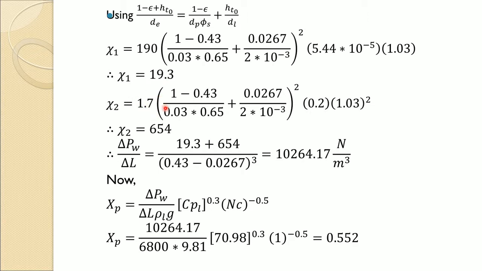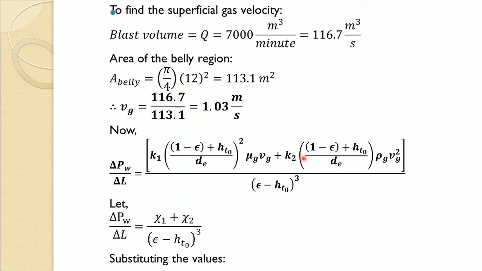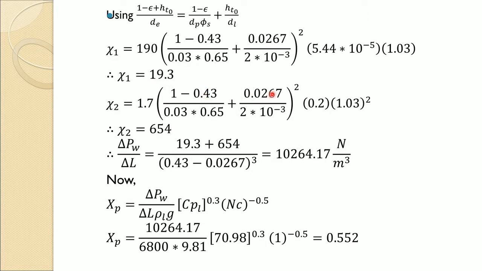Similarly, kappa 2 is this, where K2 is 1.7, 0.43, 0.026, rho g, V g squared and dL St naught.